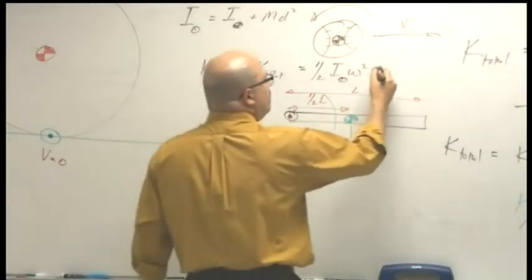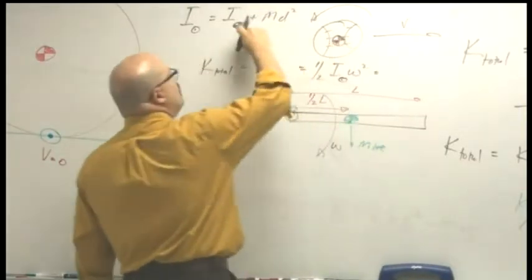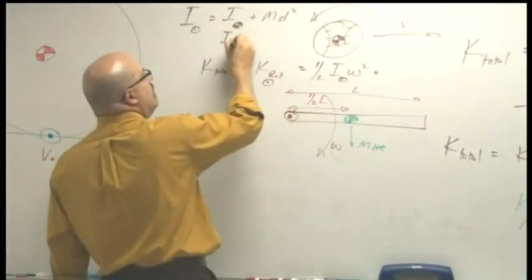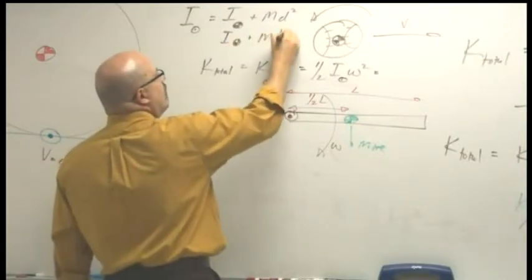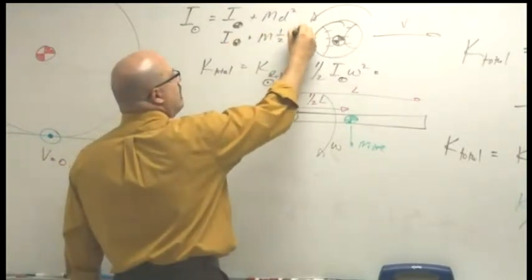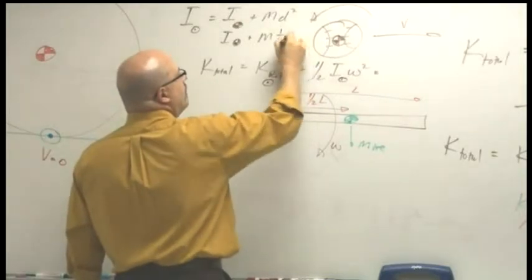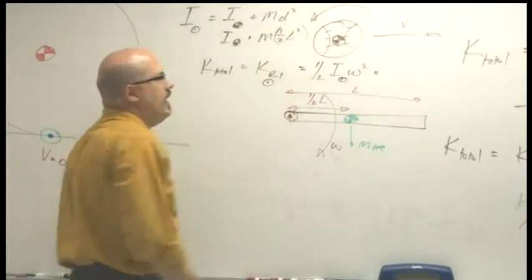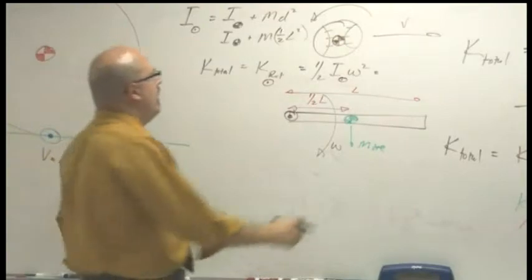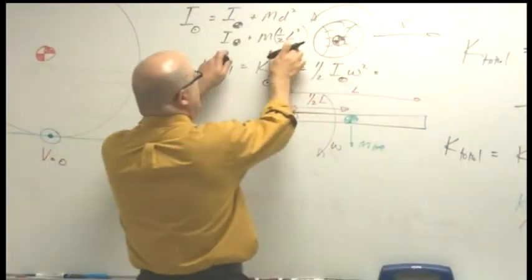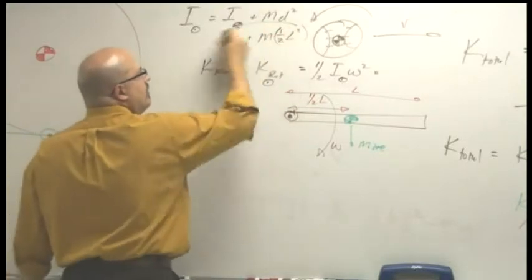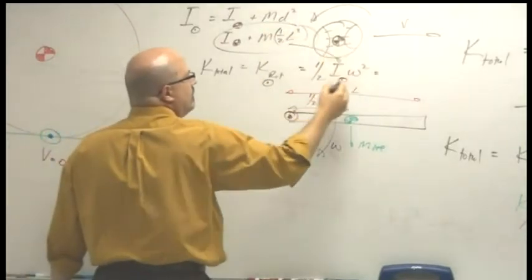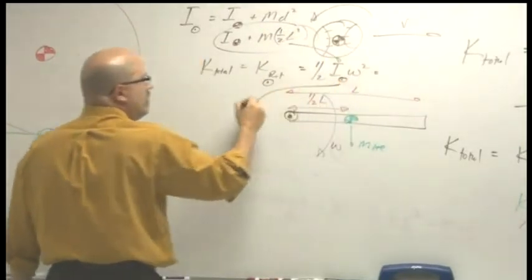So if I substitute this in, about my center of mass plus m times 1/2 L squared. I'm running out of room, so I'm going to plug this in right here and rewrite it down here.